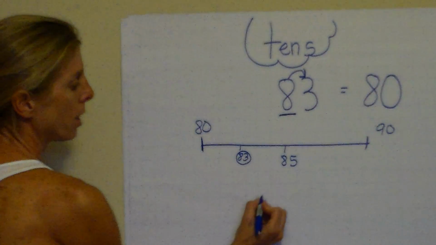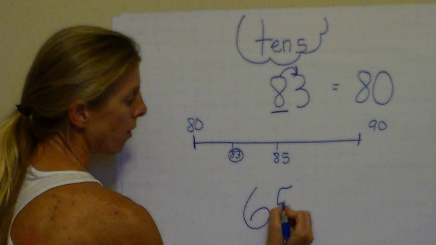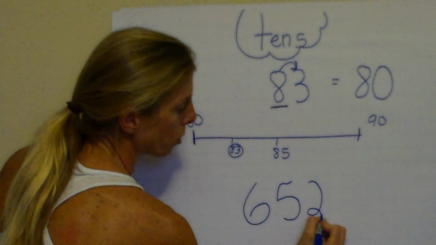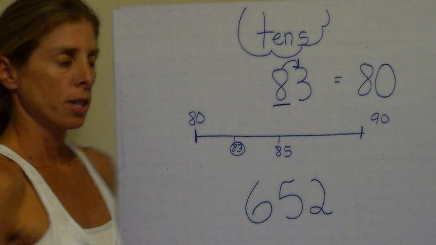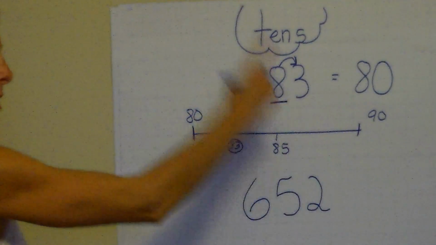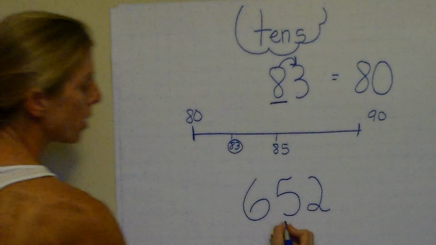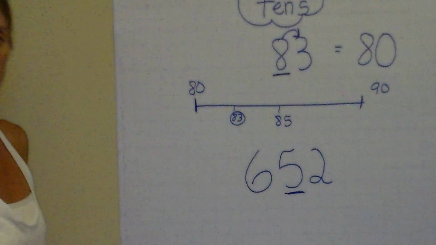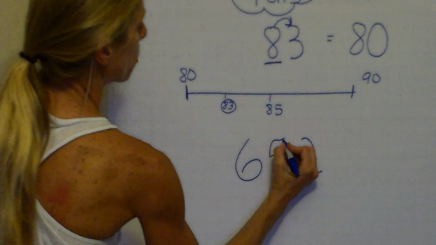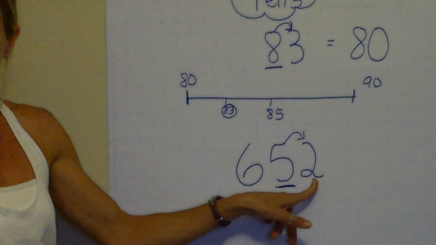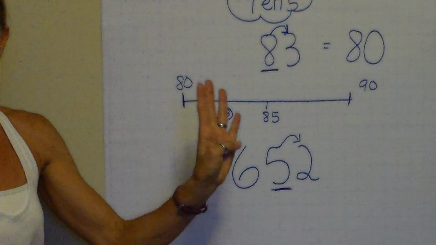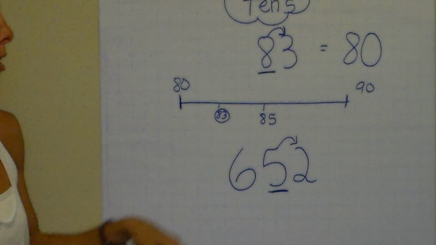Let's try another one. Let's do 652. Now I want to go to the nearest tens. So you go ones place, tens place, and then you underline it. Then you look to the right. That tells you what to do. If this number is a 5 or above, you give it a shove. 4 or below, you leave it alone.